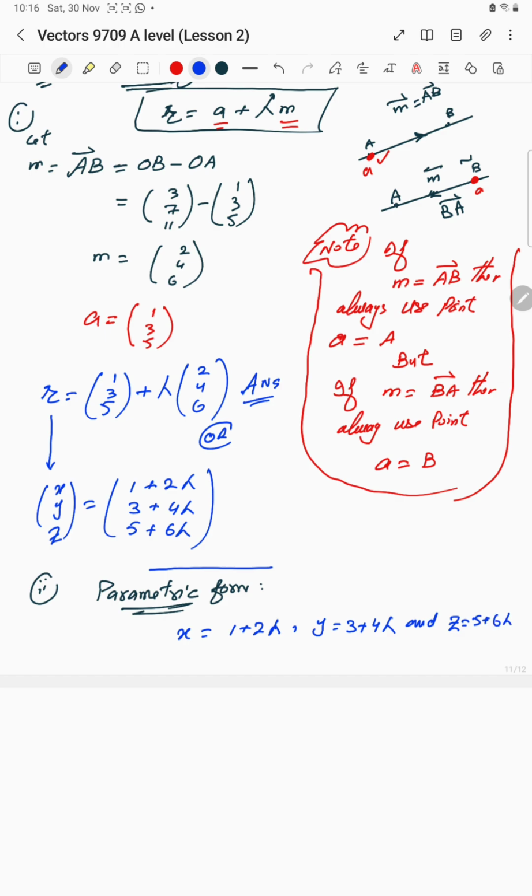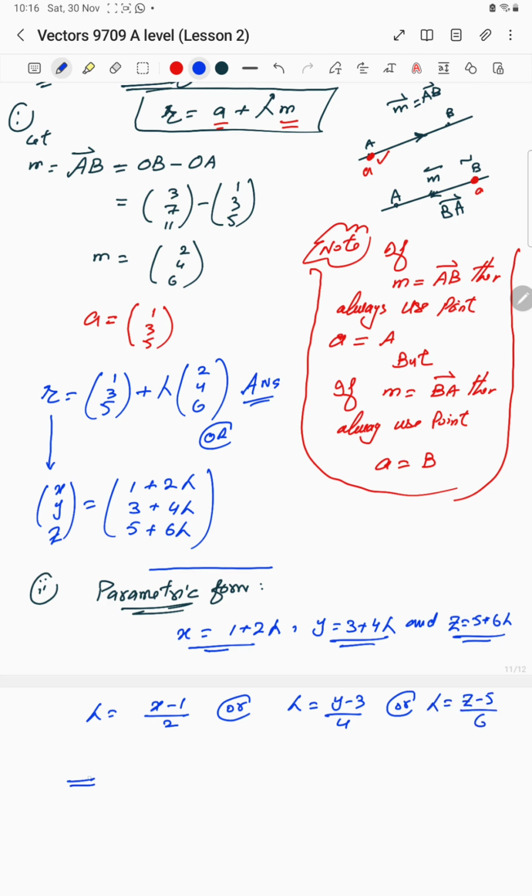Now get the value of lambda from each case and we will equate them. Lambda will be x minus 1 by 2, or lambda will be y minus 3 by 4, or we have lambda equal to z minus 5 by 6.